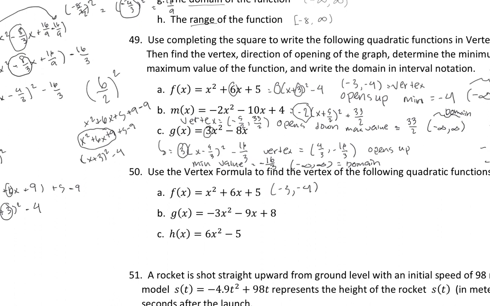All right, so for part B, we're going to be doing a similar process, just a different function. Since we have this negative 3 out in front of the x squared, we have to factor that out of both x terms, right? So this is going to become negative 3 times x squared plus 3x, and then we're going to have another constant term in there that we don't know, and then plus 8 on the outside.